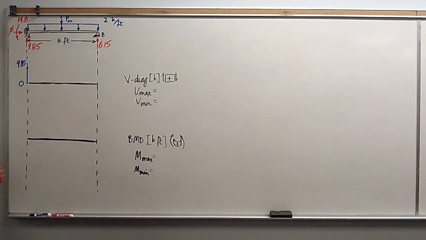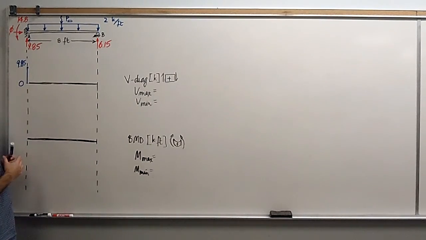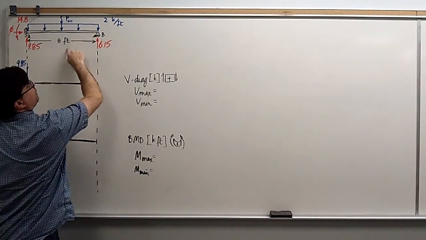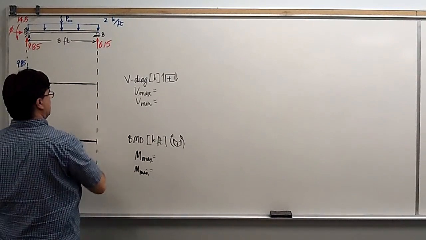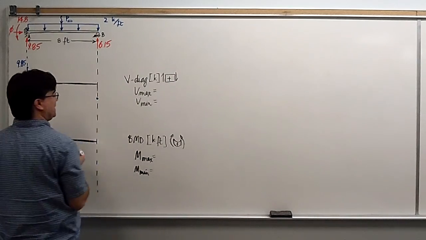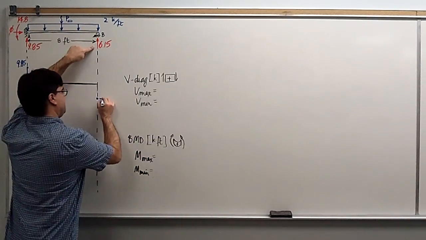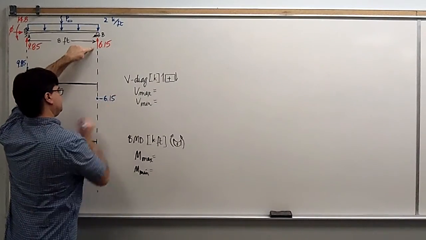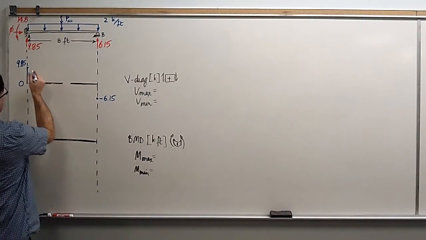So if I do this 9.85 minus the product of these 2 numbers, 16, I'll get to down here. And if we've done things correctly, that number should match this. And then I connect these 2 points with a straight line.